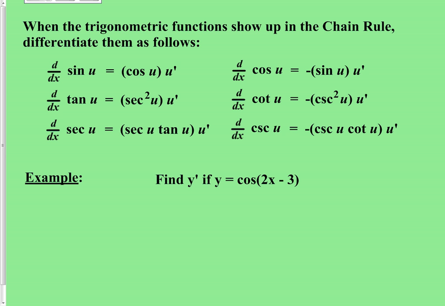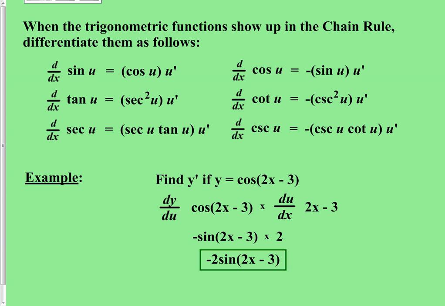And then we also need to take the derivative of 2x minus 3, and the derivative, of course, is going to be 2. So dy/du of cosine of 2x minus 3 times du/dx of 2x minus 3. That gives us negative sine of 2x minus 3, and then times 2, and we can move that coefficient out to the front: negative 2 sine of 2x minus 3.